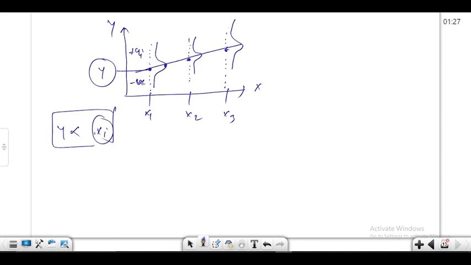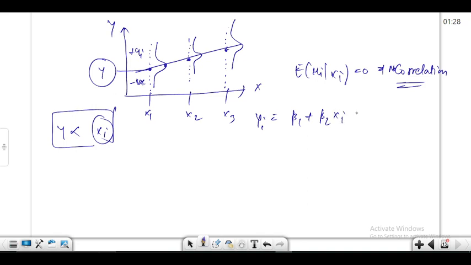Okay, so E of ui given xi equal to 0 implies there is no correlation between these two terms. If ui and xi are correlated, it is not possible to assess their individual effects on yi. So yi is equal to beta 1 plus beta 2 xi plus ui. So my yi is being affected both by xi and by ui. So if both these terms are correlated, it means that xi is being affected by ui.